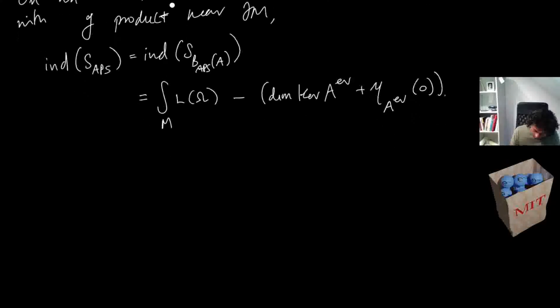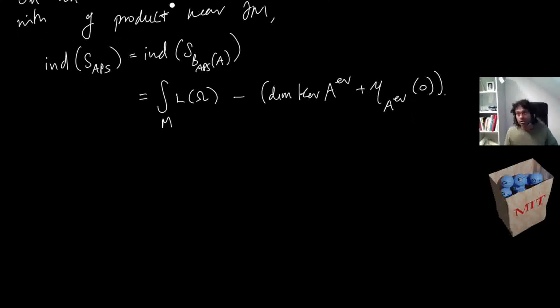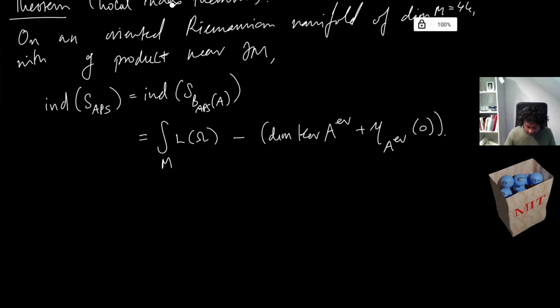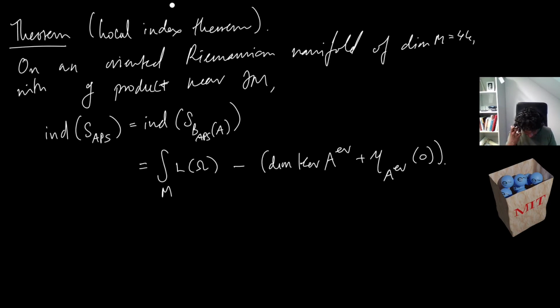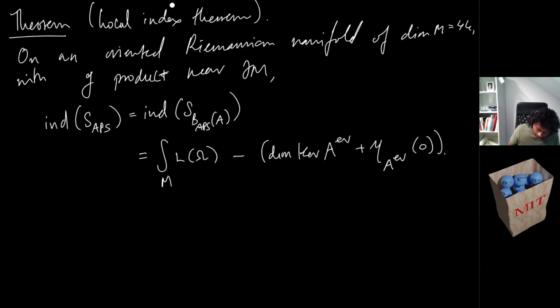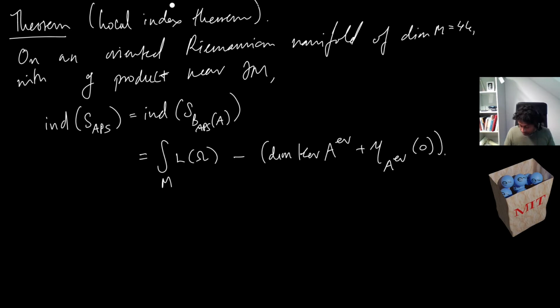And the same goes for the kernel. Okay, so this is a very important index theorem, and it generalizes an index theorem due to Hirzebruch in the context of closed manifolds.